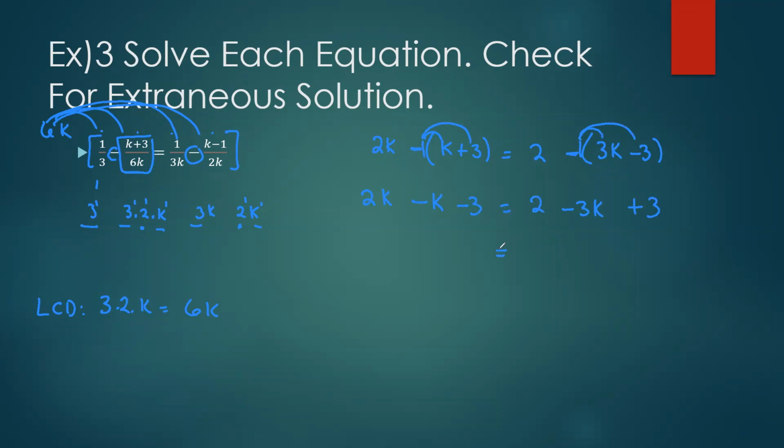Now, before we start moving things around, check for like terms and collect like terms. On the right side, you can collect 2 and 3, which is 5. And then you have -3K. On the left side, you have 2K minus 1K, which is 1K minus 3.